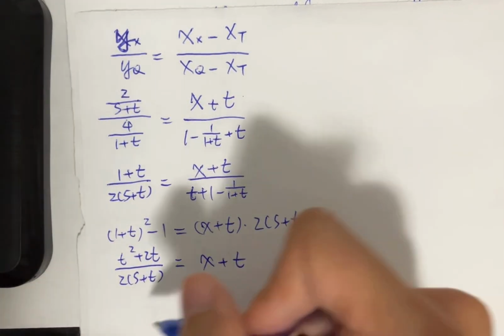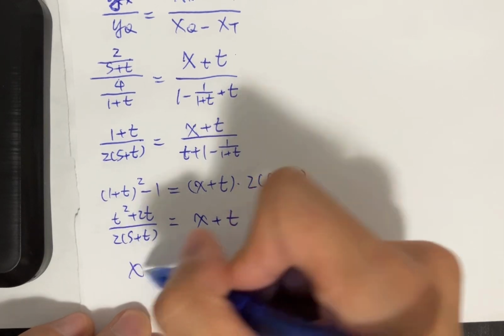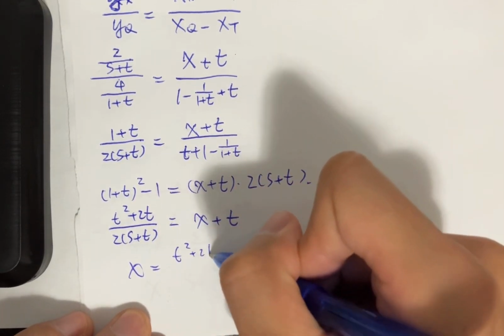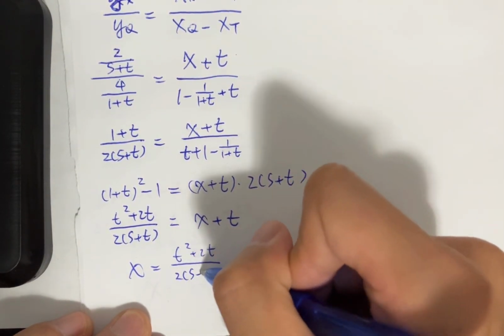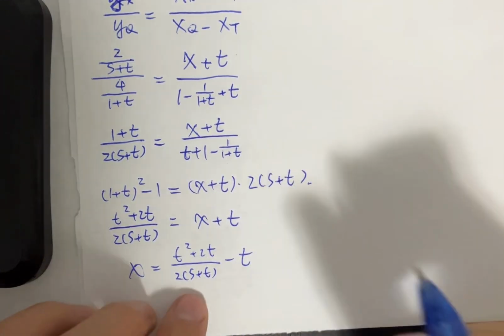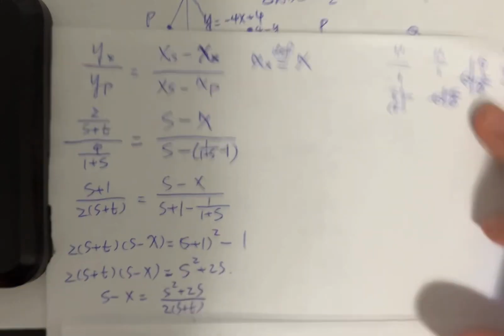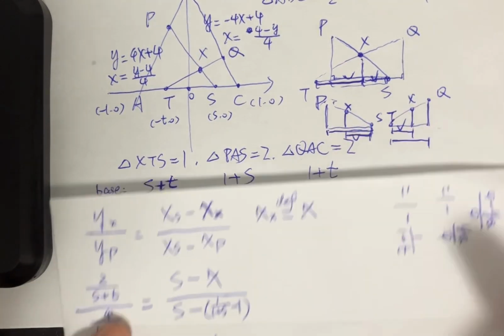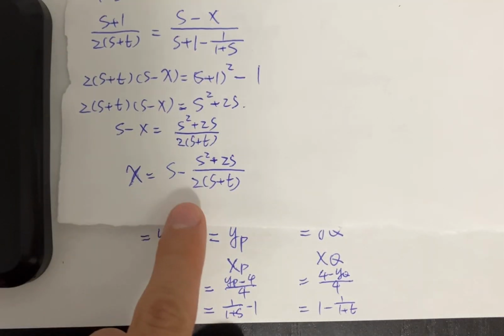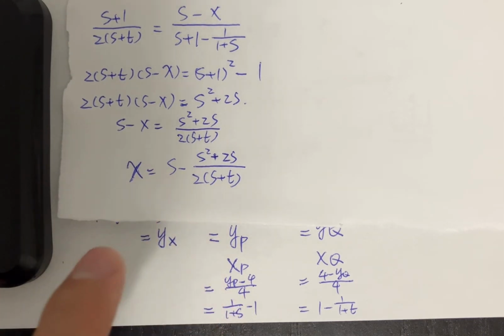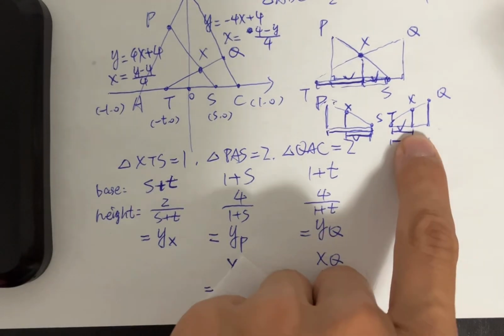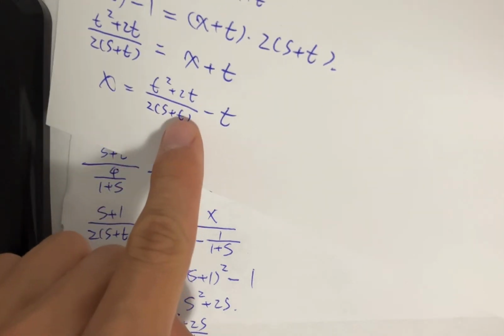So it follows that x is t squared plus 2t over 2s plus t minus t. This is x again. So when using this structure, we derive the expression for x. And using the other structure, we derive another expression for x.